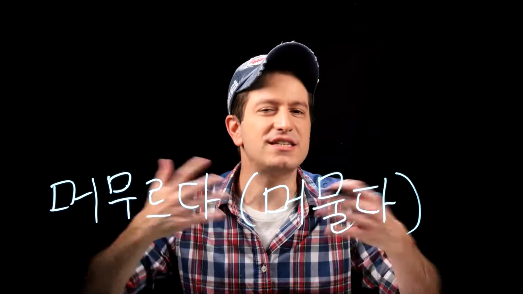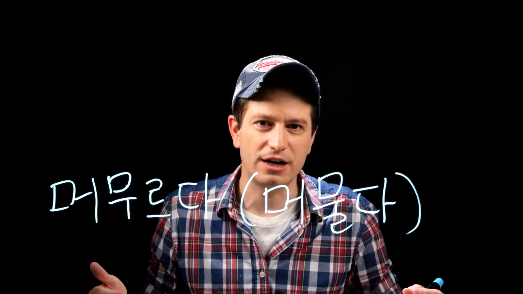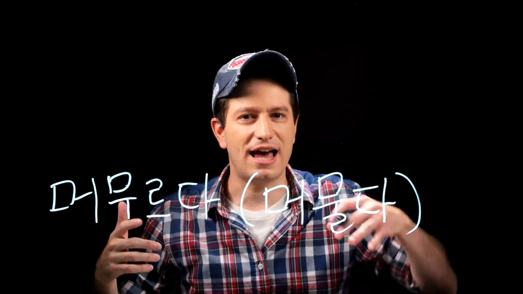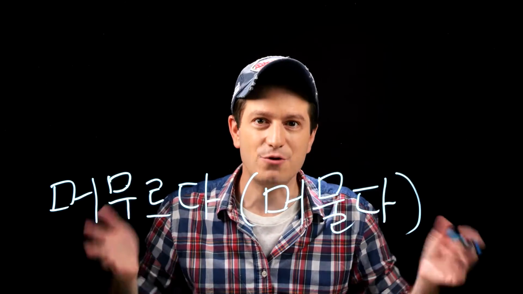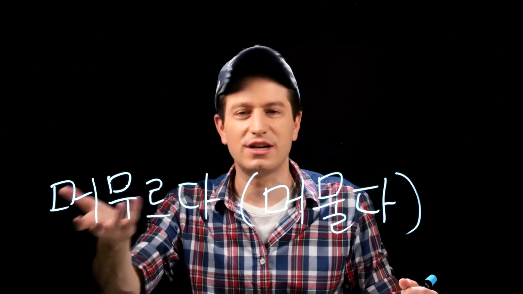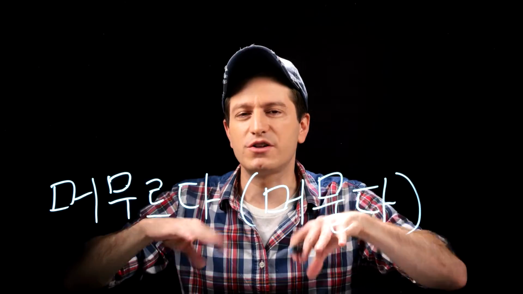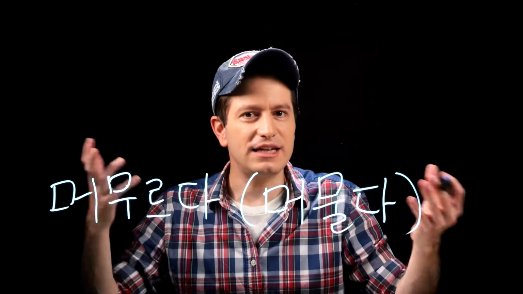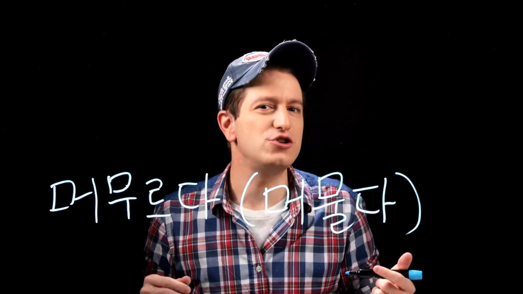So this one means to stay somewhere or to remain somewhere, and it's an action verb. So if you're staying in a different city, or at a hotel, or at your friend's house, any of those situations you would want to use this one. Whereas 있다 is just more of a general to stay, as in to stay and not go anywhere. So you can use either 있다 or 머물다, but just know the nuance is different.